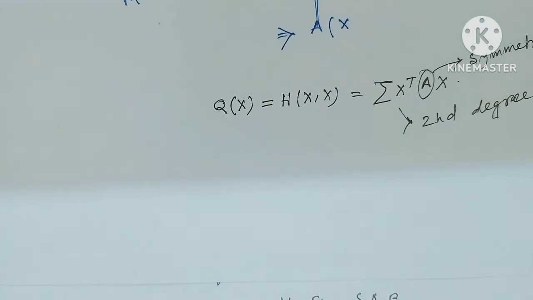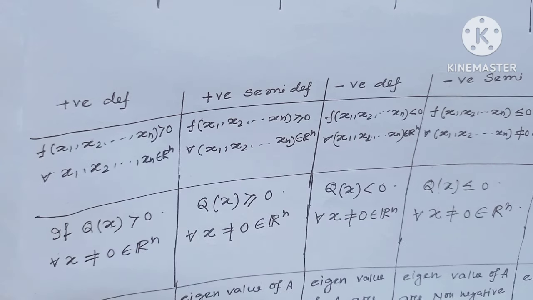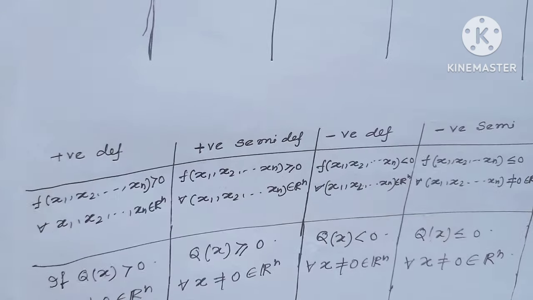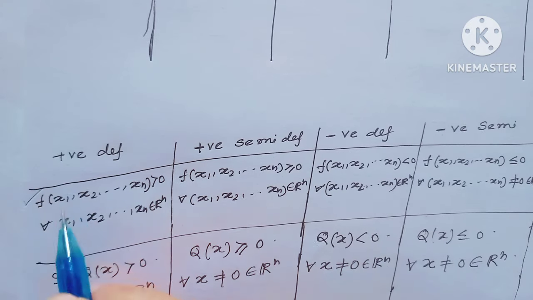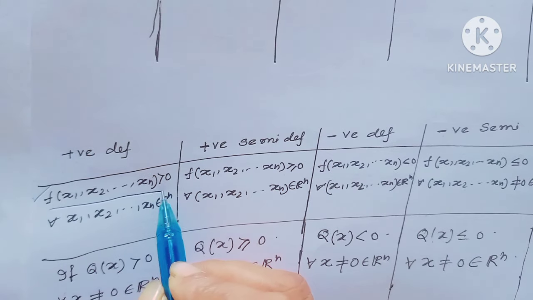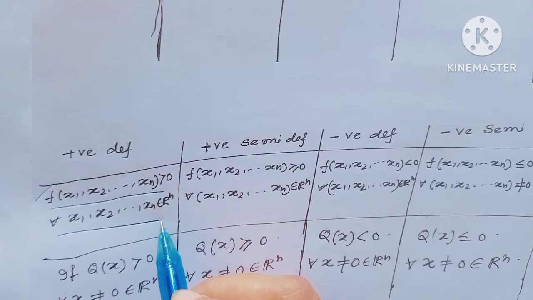Now I will see when a quadratic form is positive definite, positive semi-definite, negative definite, negative semi-definite, or indefinite. Positive definite means f(x1, x2, ..., xn) is strictly greater than 0 for all nonzero x in Rn.